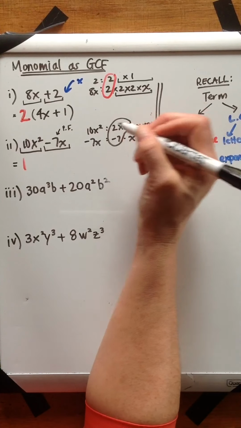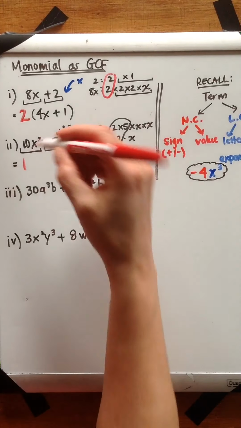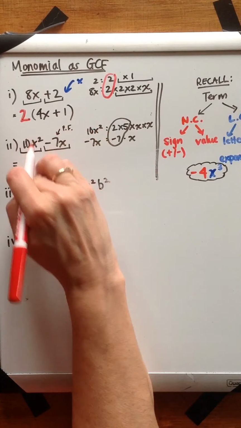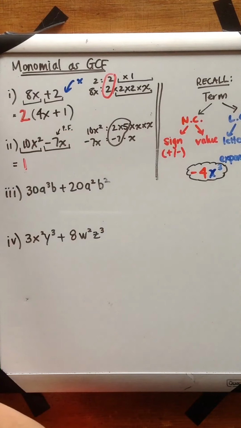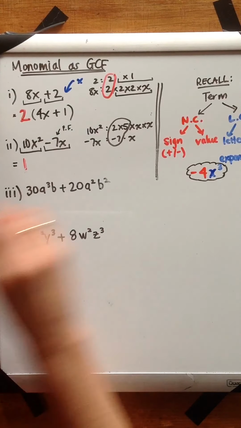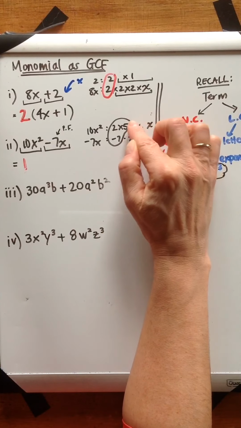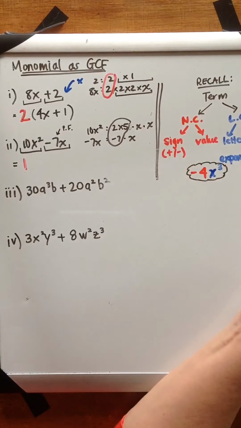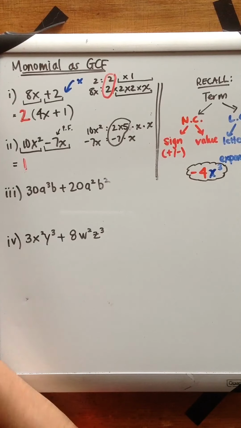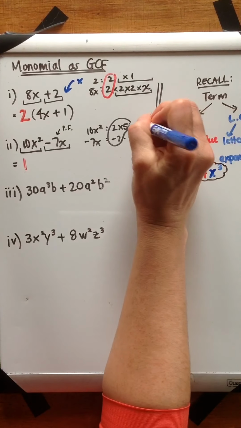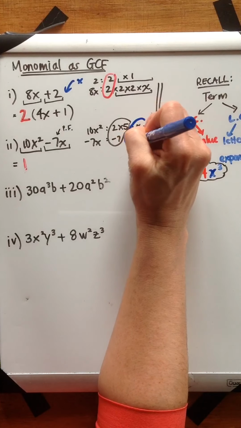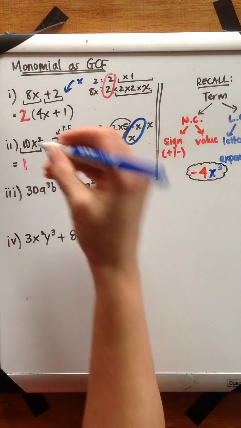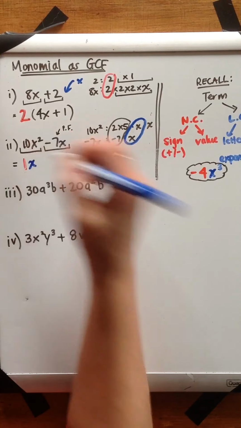That's why I've said 1 is the only common factor numerically for these two terms. But let's look at the literal part. How many x's do they have in common? Now I'm going to replace these times signs with just a different notation for multiplication so we can see them more clearly. And you can see that they both have an x in common. So that is also part of the GCF.